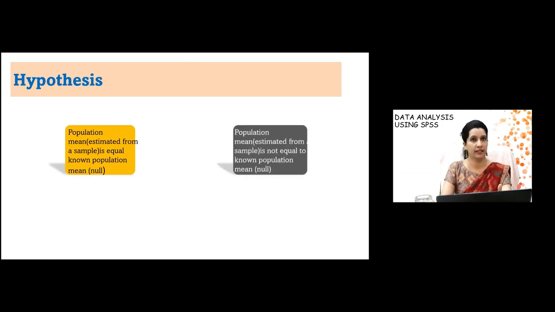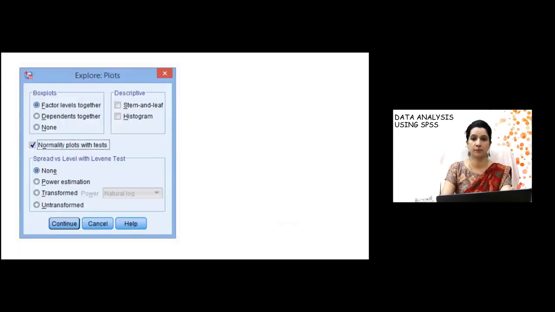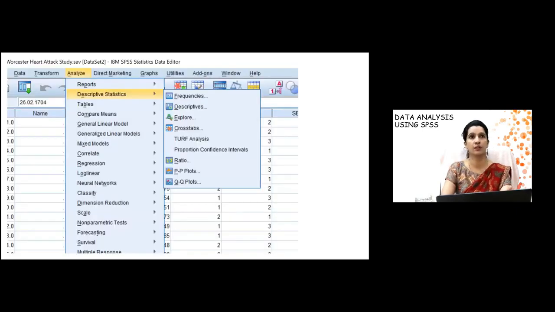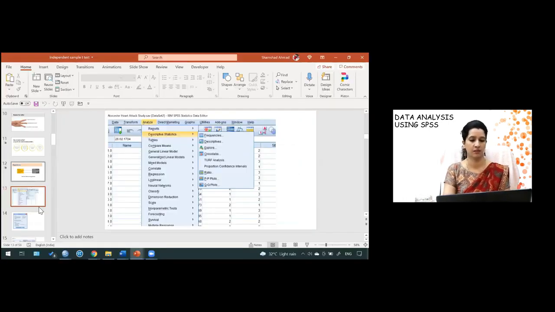And then the alternate hypothesis is that the population mean is not equal to the known population mean. So this is the null and alternate hypothesis. Now we'll go to the data. These are the commands. So we will go to the data set.